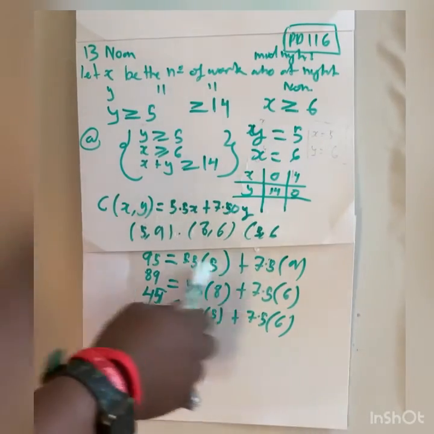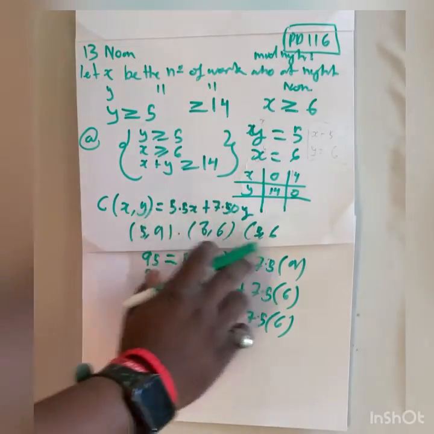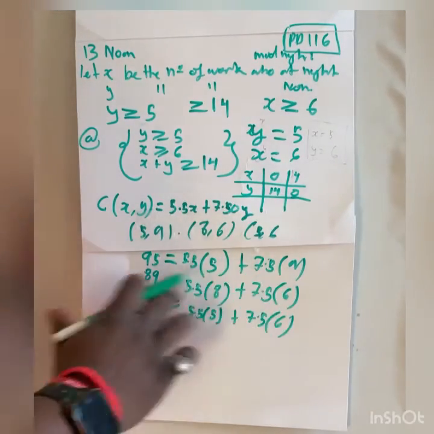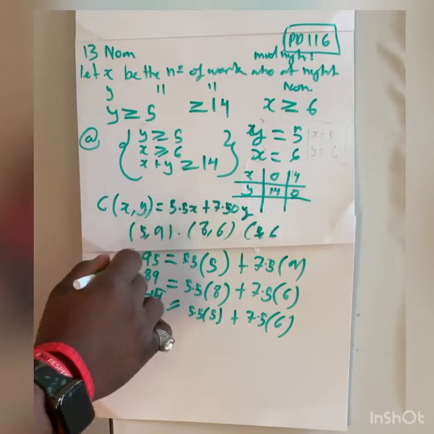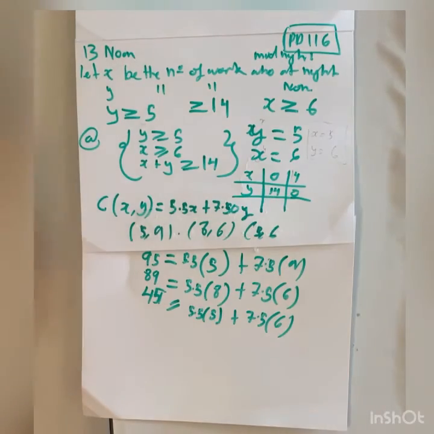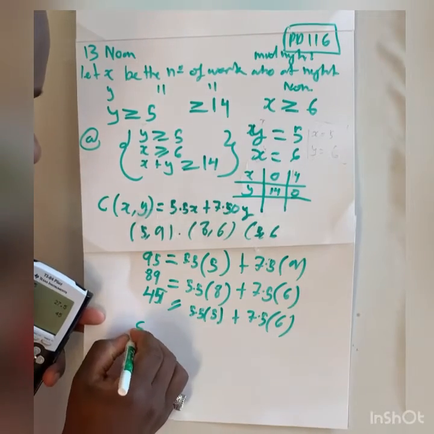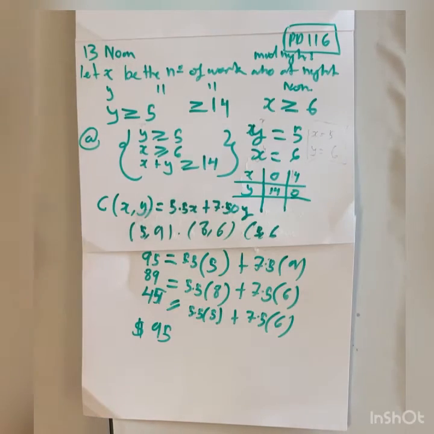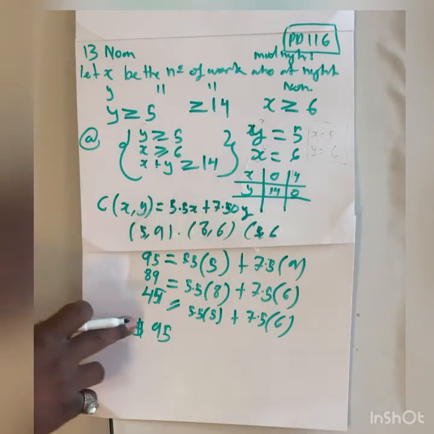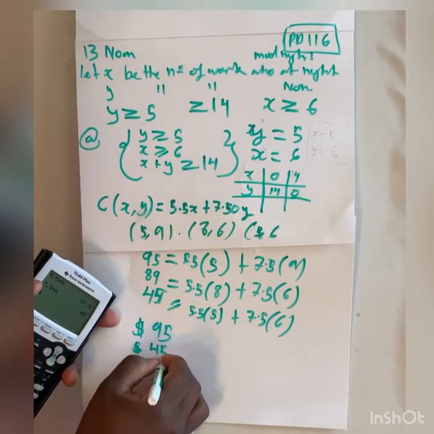I multiply and I got 85. So the maximum money he can pay when 14 people work is $95, and the minimum is $45.